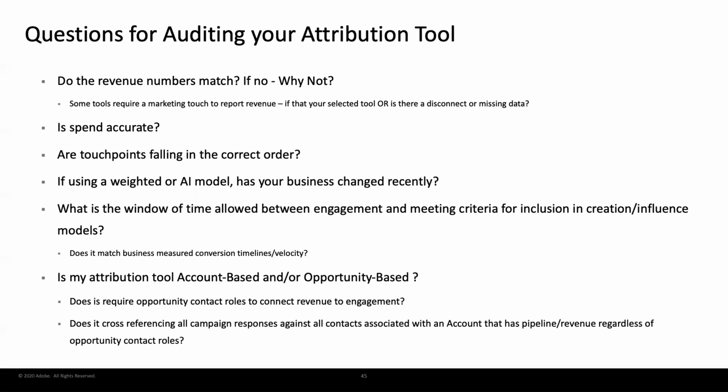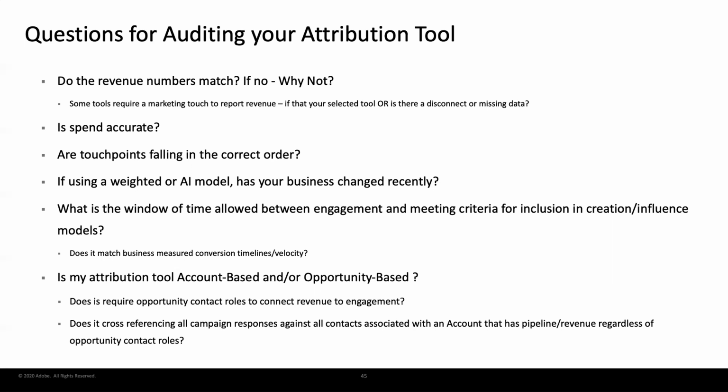If that's how it works and you expect that, that's fine. Then it means it's working correctly, but you want to make sure you understand how the tool is working before you sign off on this being actual revenue numbers related just to those that have had marketing engagement. So this is our percentage of revenue that we influenced or created, or whatever the model is we're looking at, aligns here. Is spend accurate?